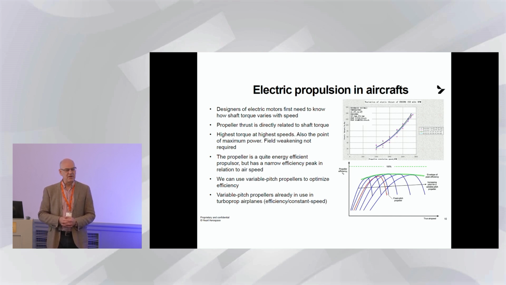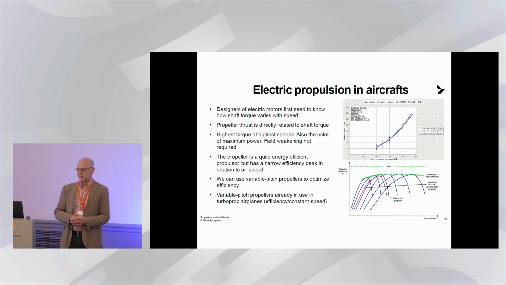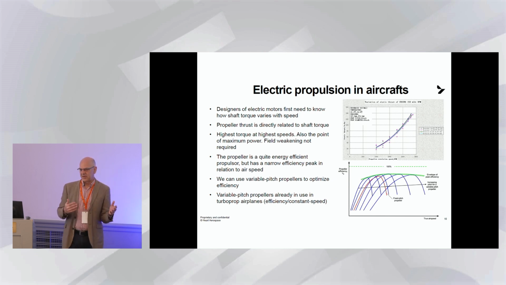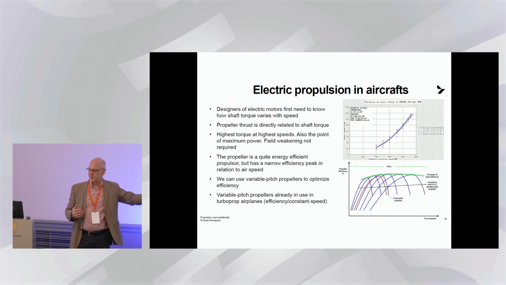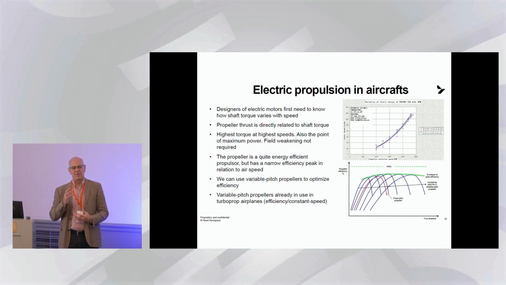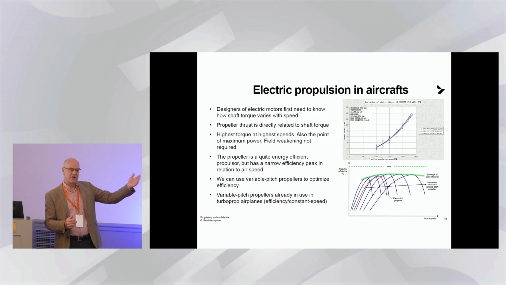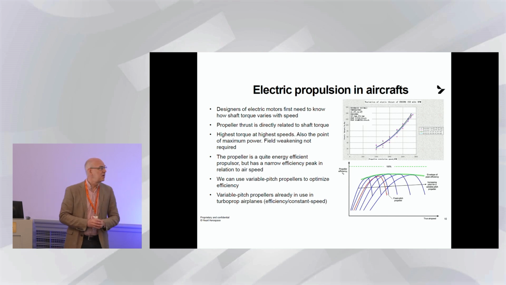And then about energy efficiency, the efficiency of the propeller is related to the wind speed towards the aircraft. And as that varies from start up to full speed, we need to have a pitch angle of the propeller which can be varied so that we can reach best efficiency regardless of airspeed.